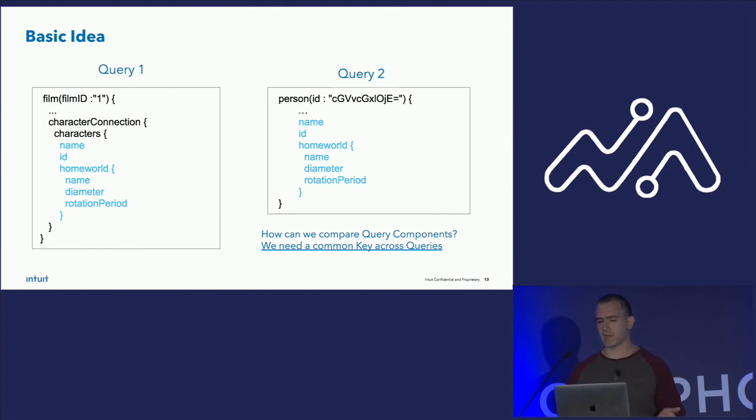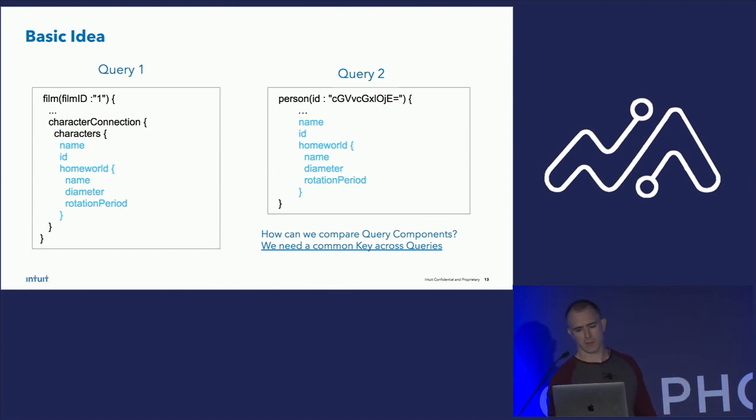So what we want instead is to say, hey, look, this component is the same across everything. I just want to pull that data from the cache for this component and insert it into my response for query 2, or however many queries this goes along, right? Well, that sounds great, but whenever we cache stuff, we need to have keys, and we need to be able to do an apples-to-apples comparison to figure all this out, right?